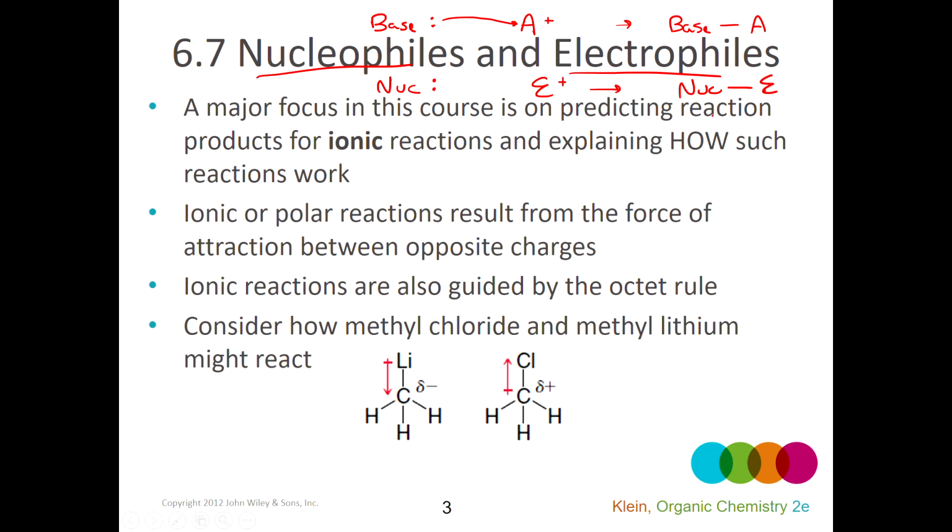So we have to learn how to identify nucleophiles and how to identify electrophiles. That's what we're going to focus on today, and some of the main ways that they react, and then we're going to expand and look at a lot of specific reactions starting next week. So these types of reactions follow some key patterns. We're going to try to learn those patterns and then emphasize them with a lot of practice.